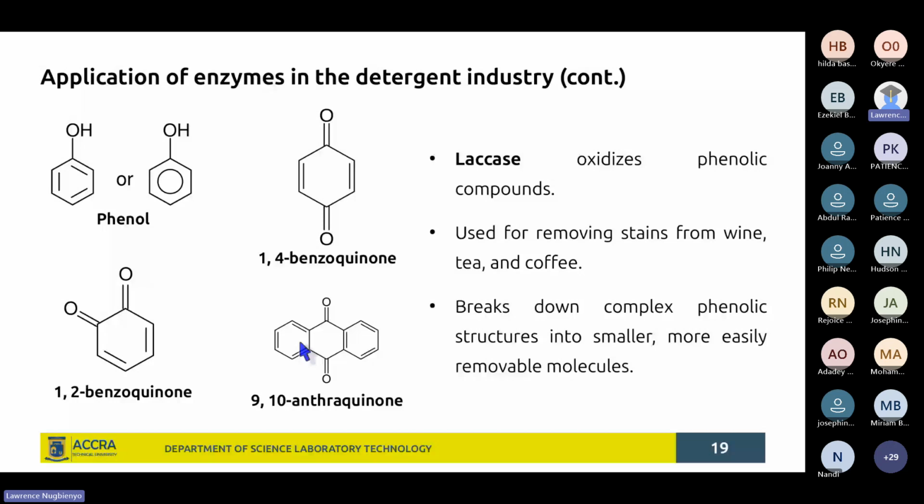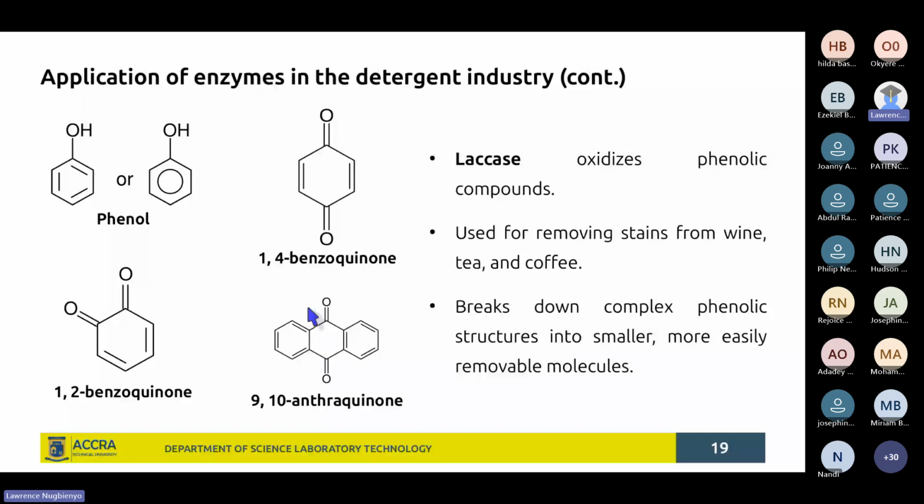You see phenols as a benzene ring with a hydroxyl group on it. You can have those hydroxyl groups getting oxidized to a cyclic ketone group to have a quinone, and you can have multiple quinones, say 1,4-benzoquinone, 1,2-benzoquinone, 9,10-anthraquinone. You have a lot of these quinones. There are so many of them.